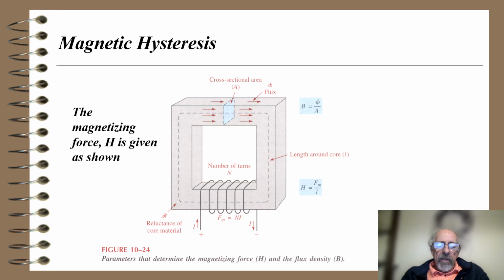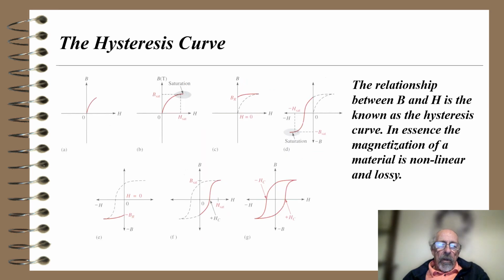So the parameters that determine the magnetizing force H and the flux density B are the current and the number of turns and the reluctance of that core material. Now, the hysteresis curve is shown here. If I cause the current to go through a 360-degree cycle, I'll discover that I'll get this final curve in part G of this figure.